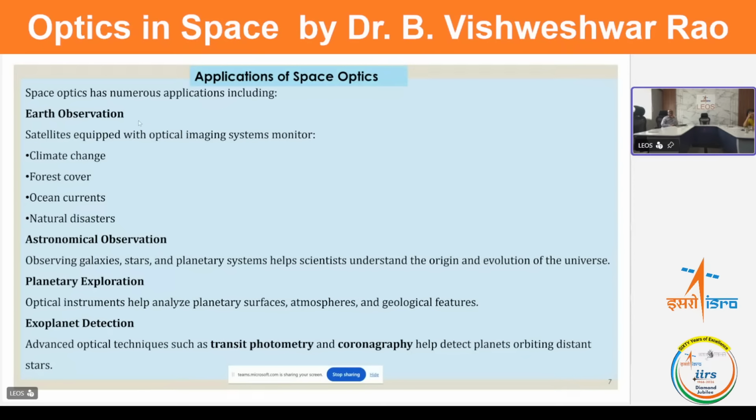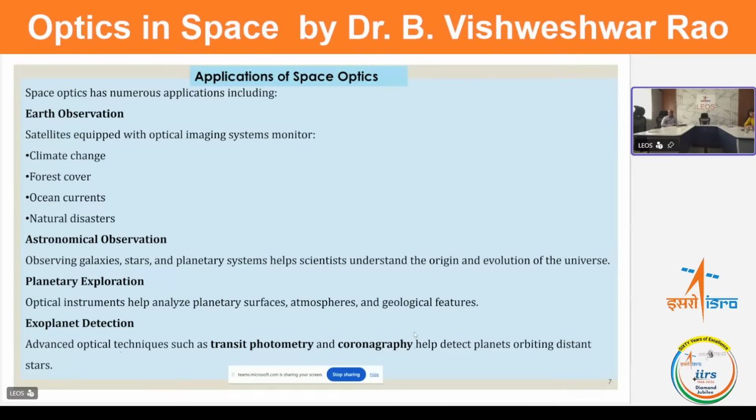Another application of space optics is observing galaxies, stars, and planetary systems, which helps scientists understand the origin and evolution of the universe. So planetary explorations can further be taken beyond the galaxies with advanced optical techniques like transit photometry or coronagraphy.